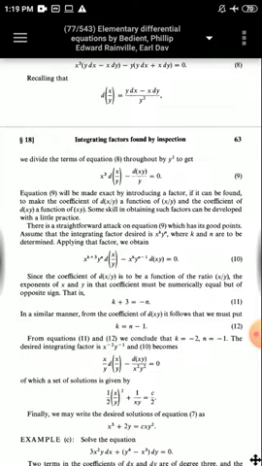In a similar manner, from the coefficient of d of xy, it follows that we must put k equal to n minus 1. From equations 11 and 12, we conclude that k equal to minus 2 and n equal to minus 1. The desired integrating factor is x raised to minus 2 y raised to minus 1.